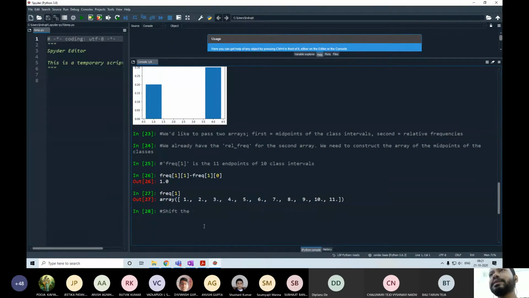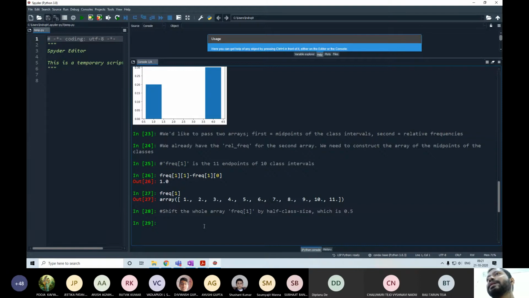So you'd like to shift the whole array, this one, which is frequency 1, by the half class interval, half class size, which is 0.5.